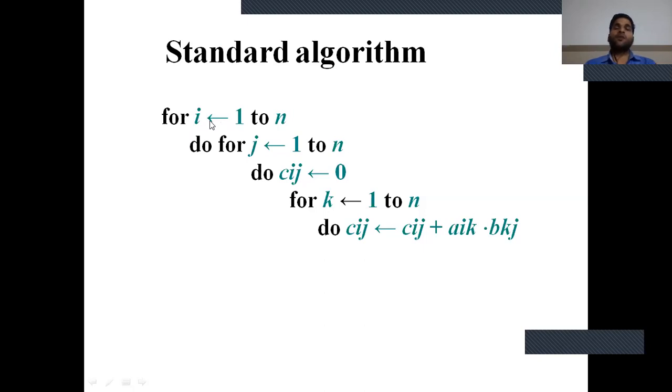Suppose i equal to 1, j equal to 1, and k equal to 1, then C11 equal to C11 plus A11 multiplied by B11. So first C11 is initialized to 0, and 0 plus A11 multiplied by B11 gives the value of C11.